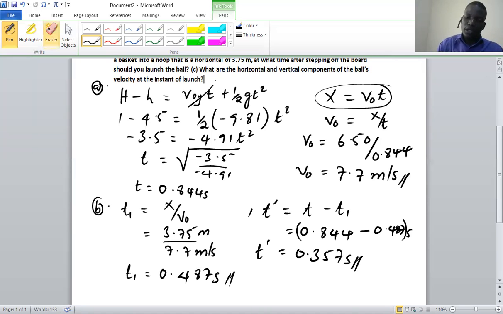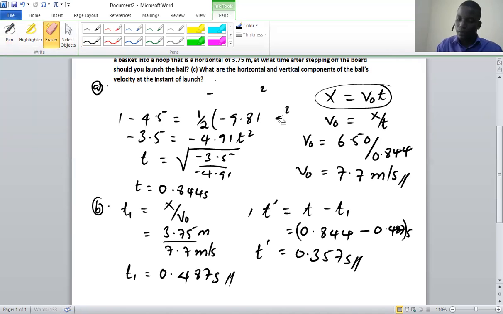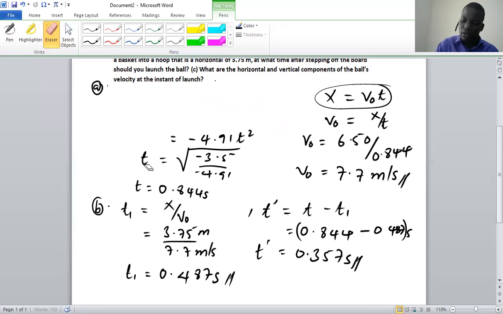I'm going to erase the first part so that we can solve the last one. So now at this point, all we need to calculate is the vertical component of speed. The x component is the same, initial and final is the same.